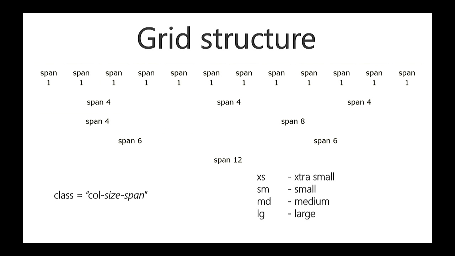So generally you want to have it all add up to 12. You don't have to use all of the 12, but try to add it up to 12. And that's how you would actually do it. You can combine multiple grid stylings. So you could have both XS and SM and MD and LG on the same element, so it readjusts depending on what's being rendered.